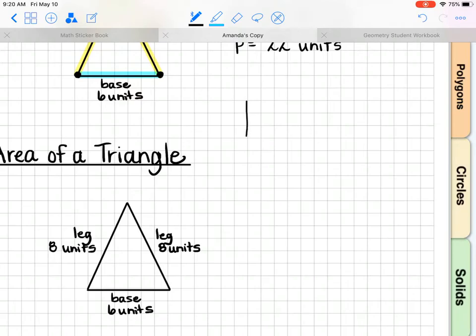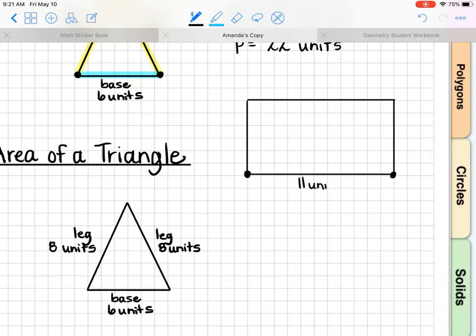So consider with me a rectangle. Let's make it maybe 6 tall, and you can do this also. So on this rectangle, let's go ahead and count the units so we can get our dimensions. So the base of the rectangle, which is also the length of it, is 1, 2, 3, 4, 5, 6, 7, 8, 9, 10, 11 units that way.